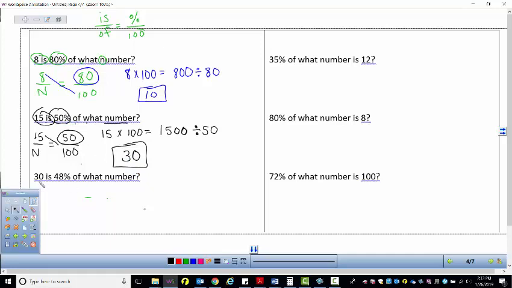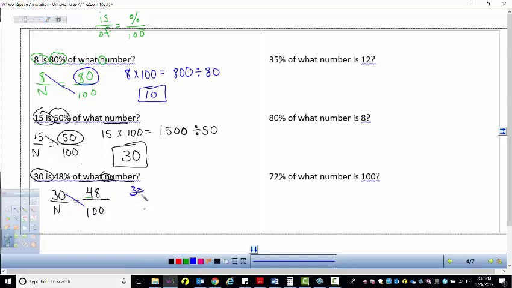All right, our next one says 30 is. So if I make my proportion, 30 is the is. 48%, so that is the percent. 100 always goes on the bottom of the percent. Of what number? That's asking a question. We don't know the number, so we use the letter N to tell us what number. And we're going to use algebra, so we cross multiply.